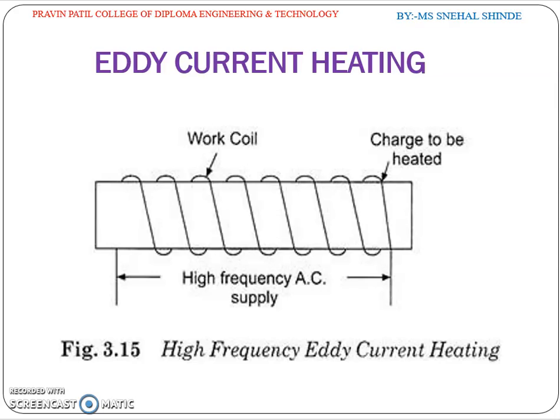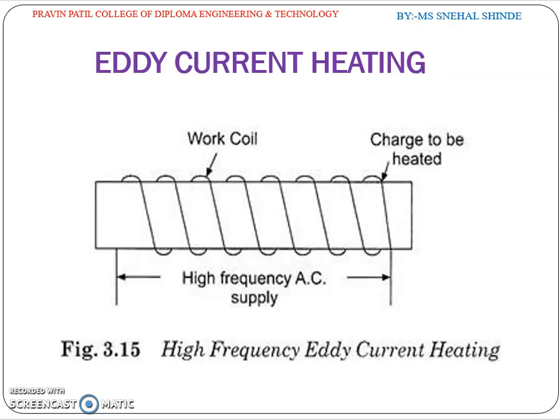The coil surrounds the charge. The heat so produced by eddy current in the charge penetrates the charge up to a sufficient depth, and also on the surface of the charge.